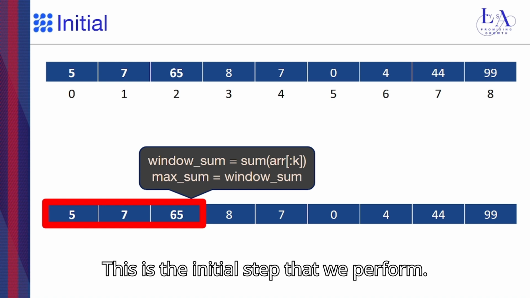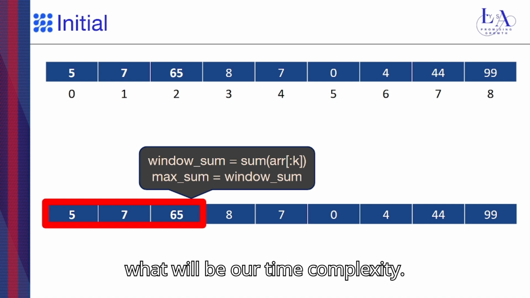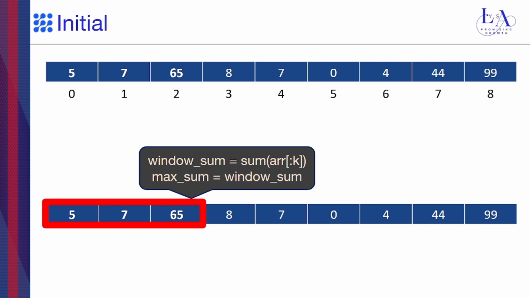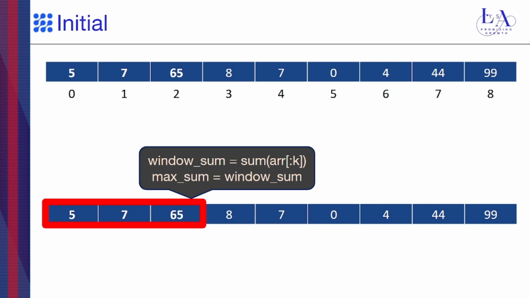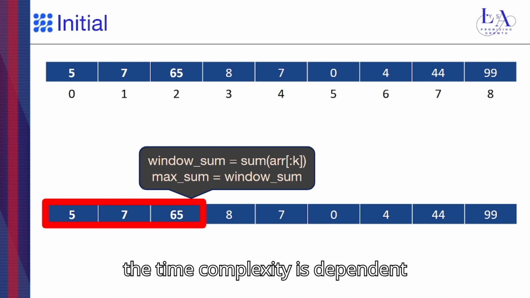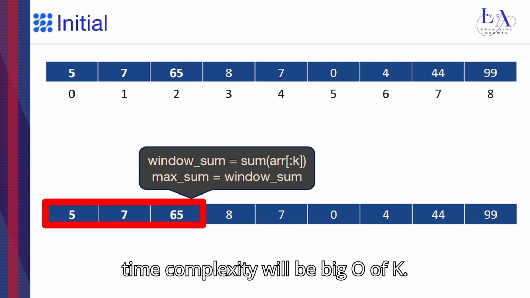This is the initial step that we perform. When we perform it, let's also look at what will be our time complexity. We are going to just add 3 elements 5, 7 and 65. So the time complexity is dependent upon the window size. So the time complexity will be big O of k.